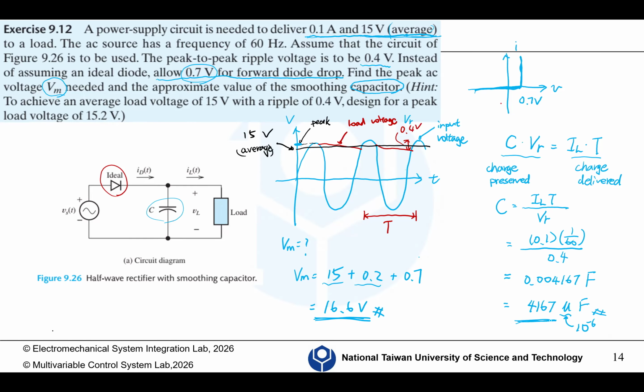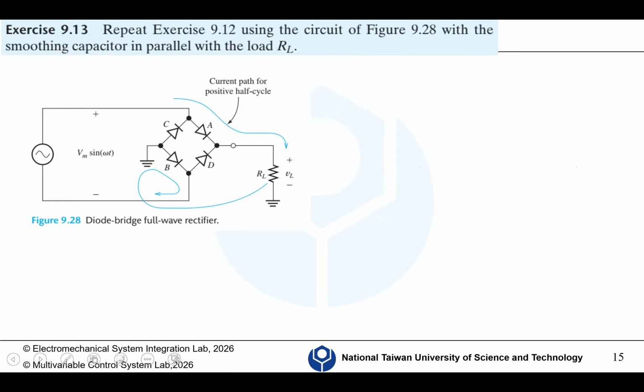Okay, let's look at the next problem. Repeat exercise 9.12 using the circuit of figure 9.28 with the smoothing capacitor in parallel with the load RL. So we are also using a capacitor here.